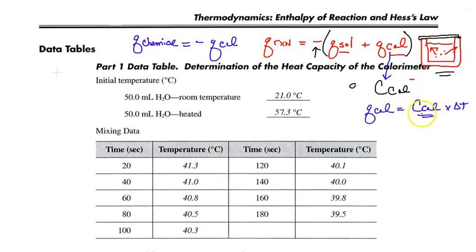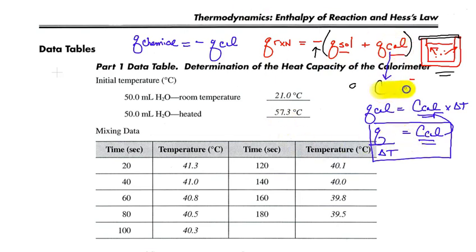To solve for the C of cal, which is what we do to calibrate the calorimeter, we say the C of cal is the heat that we add at constant pressure over the change in temperature. So we're still going to do this part of it. It's just that when we find this C of cal and plug it back in, we solve for the Q of cal, and then we do the same thing for the solution, and I'll show you that. So we're often calibrating our C of cal to get these values.